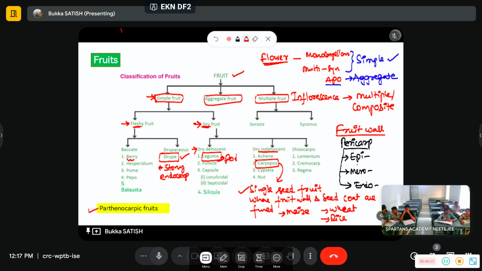They are seedless and formed without fertilization. So will they help in reproduction of the plant?